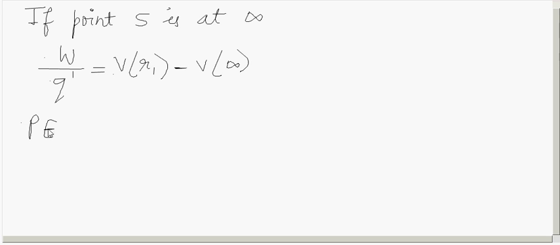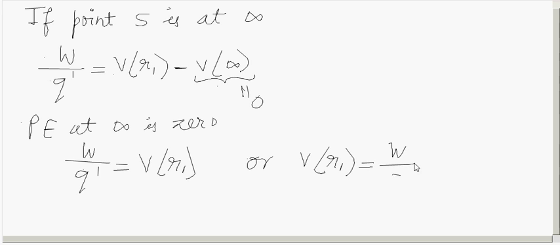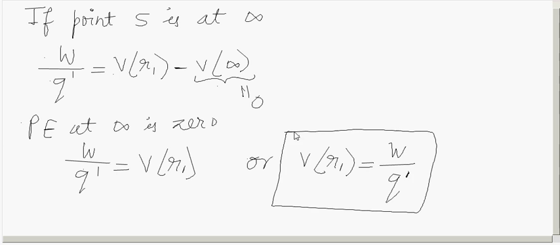So this potential energy per unit charge also becomes 0. Therefore W by Q dash is equal to V of R1, or I can define V of R1 equal to W by Q dash. So with this equation one can define the electric potential.